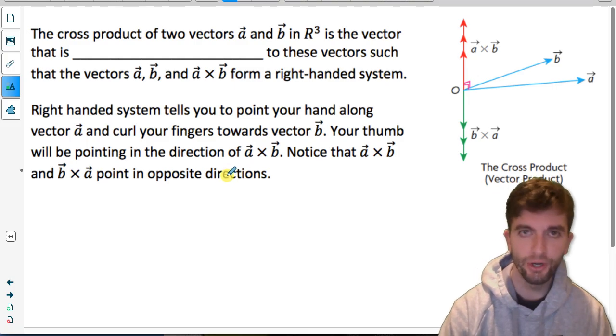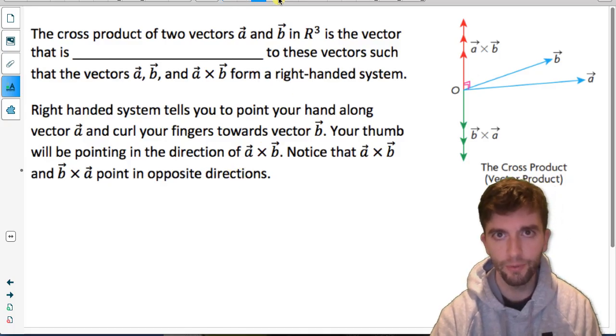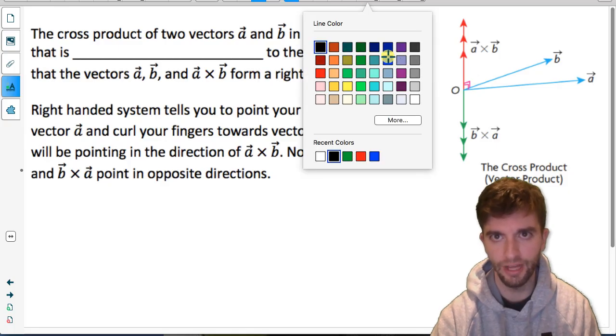Let's start off by figuring out what the cross product of two vectors actually is. I'm going to be referencing this diagram on the right throughout this portion of the lesson.